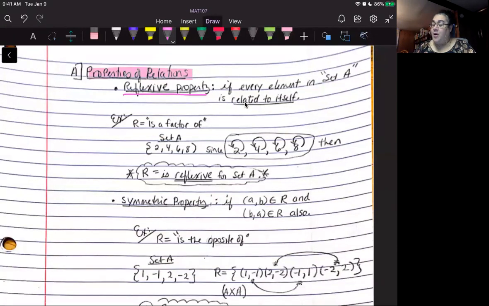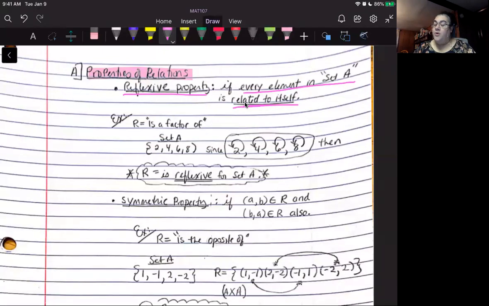The reflexive property is defined as every element in set A is related to itself. Because remember, if the two sets that we originally take the cross product of are the same, it's kind of like saying that we're talking about only one set.